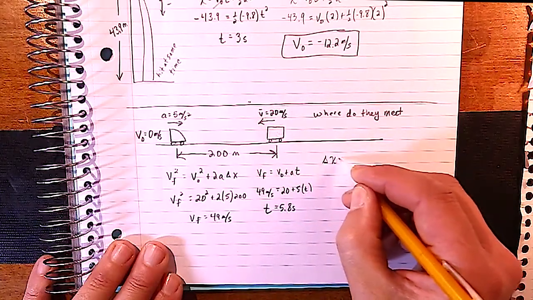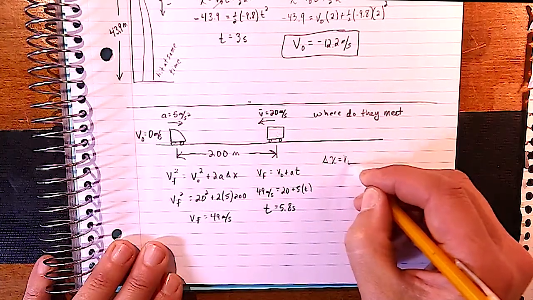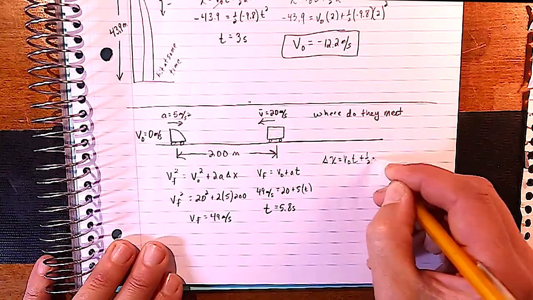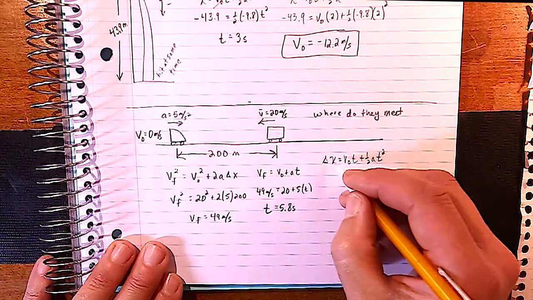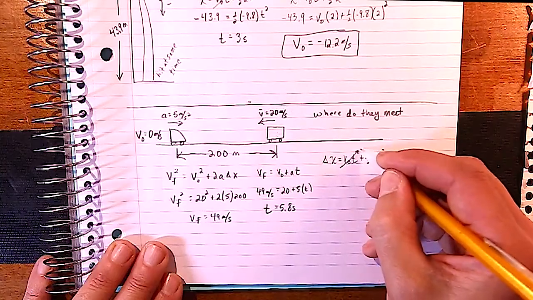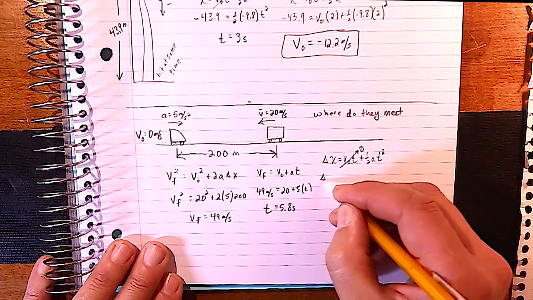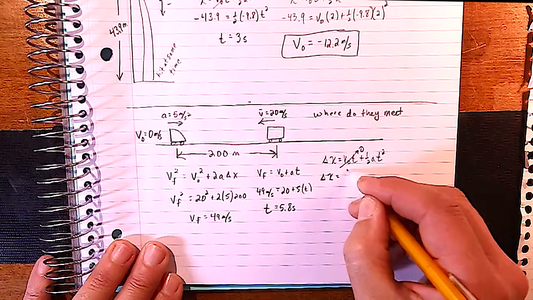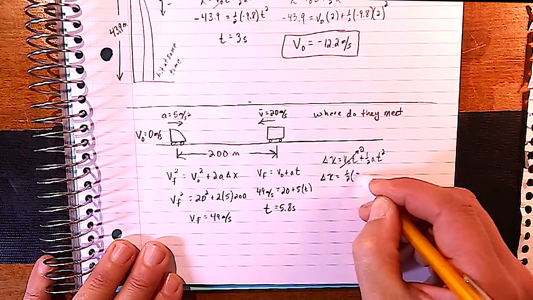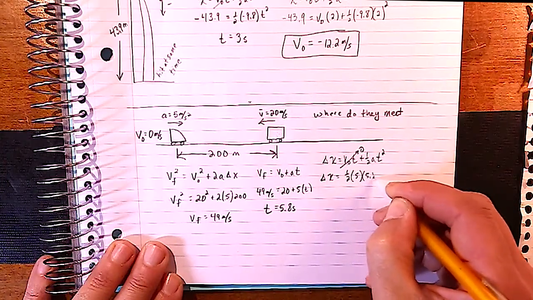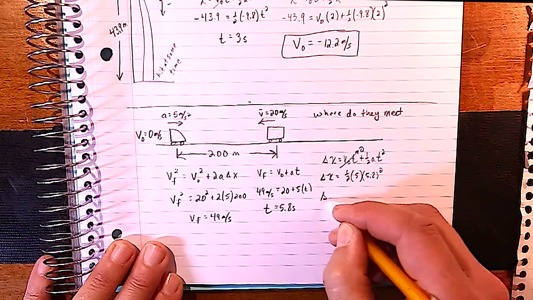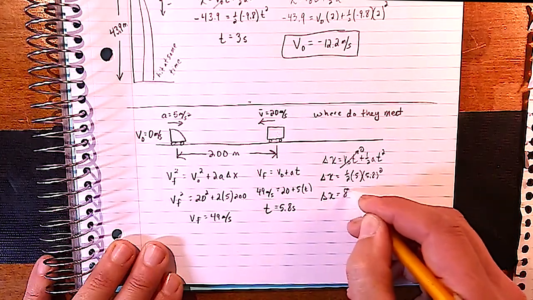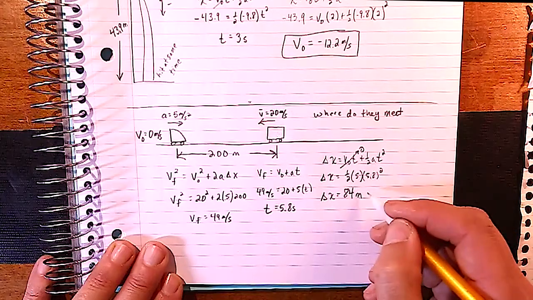Now we can say delta x is equal to v naught t plus 1/2 at squared. It starts from rest, so we're looking for the displacement, and that's going to be 1/2 times 5 times 5.8 squared, and that's going to give us a displacement of 84 meters.